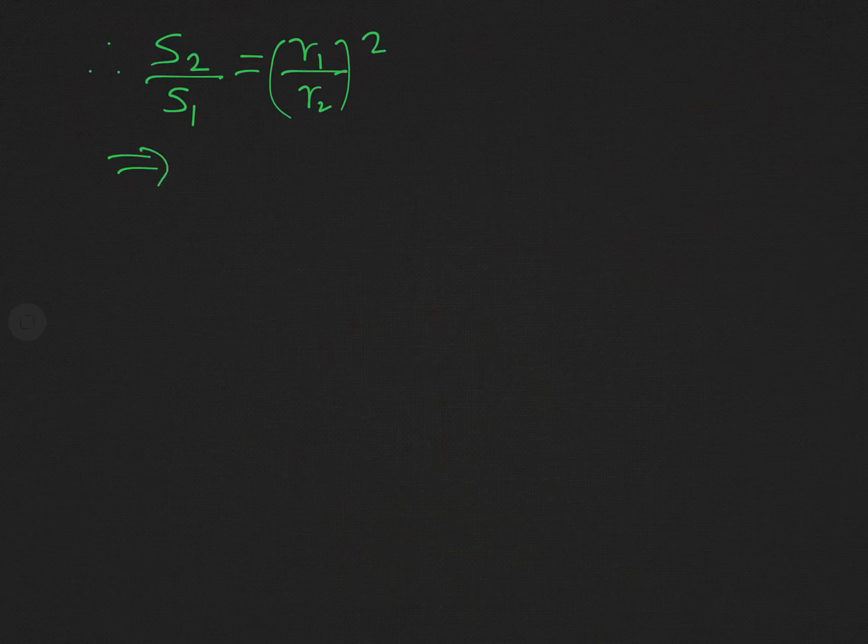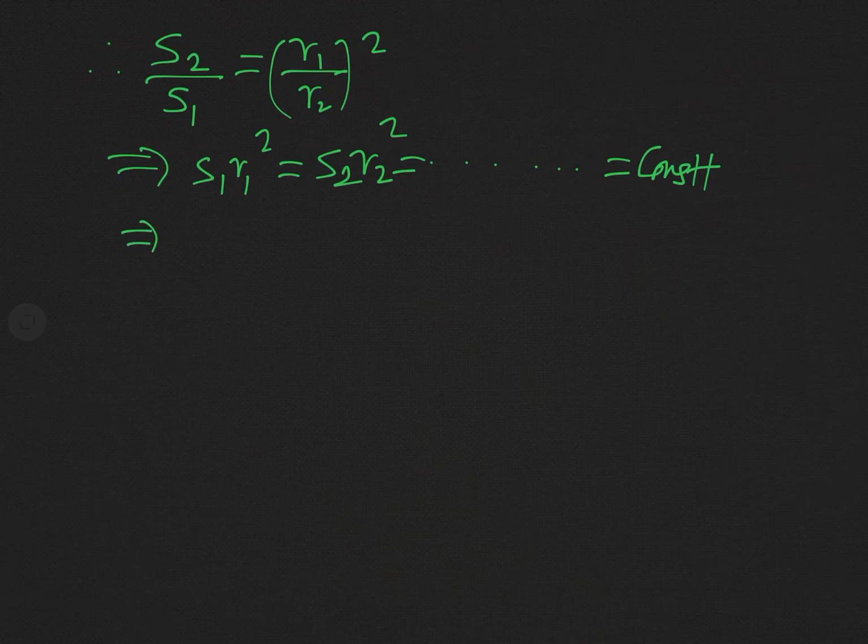And this implies S1 r1 square is equal to S2 r2 square, and so on. If we take more than two spherical surfaces, a similar result will hold, and this will be equal to a constant. So in general, you can write S into r square is equal to constant.